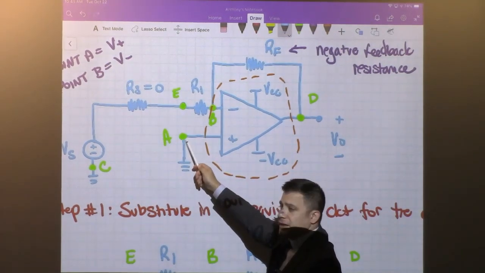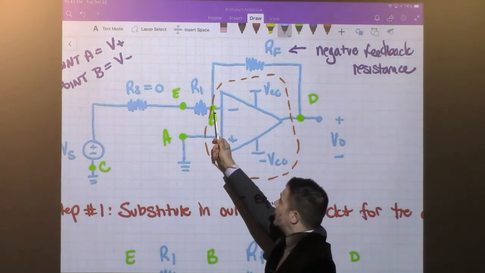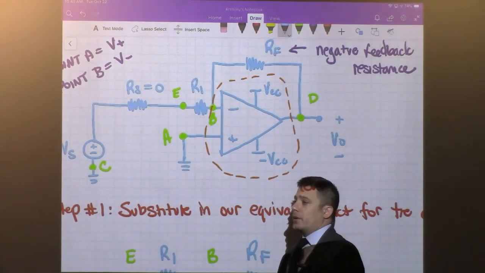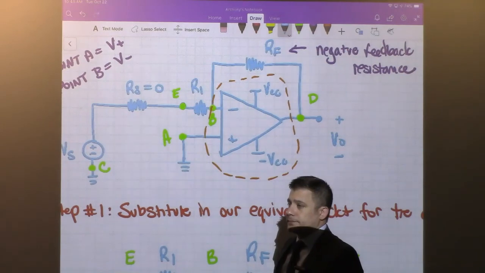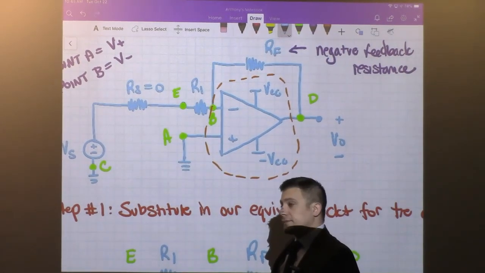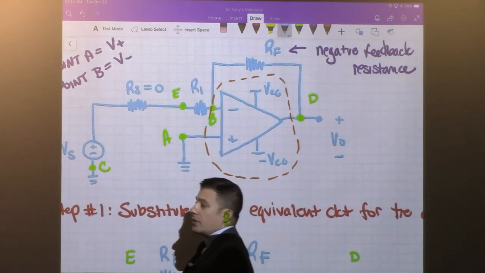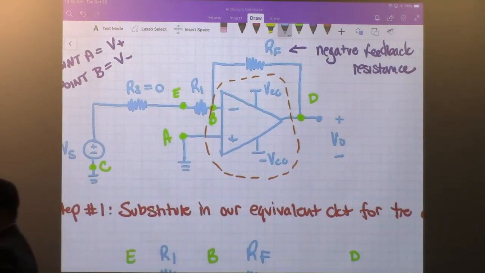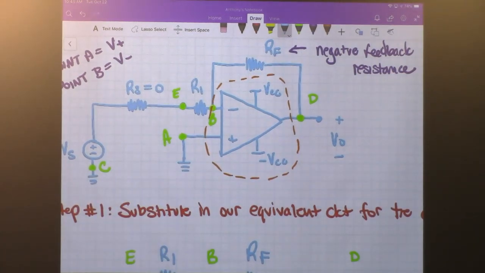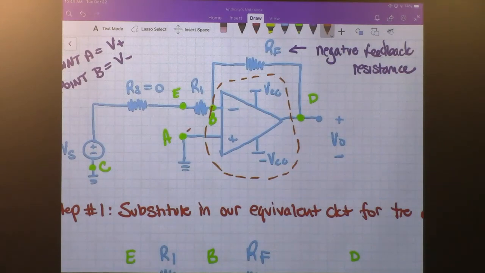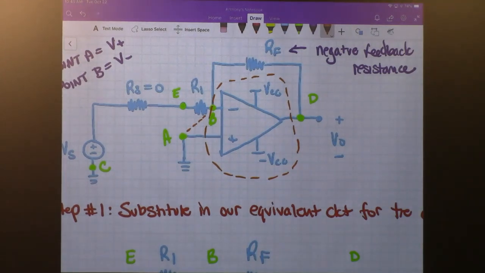So since we can see that point A is grounded, we also know that the voltage at point B is grounded. They're both 0, yes. Just A isn't shown in our figure. And the name that we're going to use to refer to that is a virtual short. Because one way you can think about this is there being a short circuit between those two points. But it's a virtual short because no current can flow between them. None of that current can flow to ground.